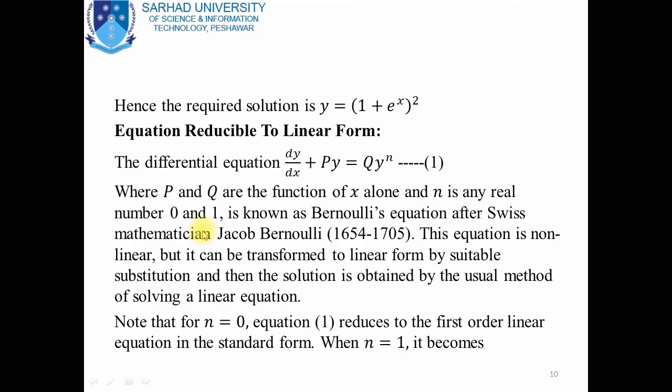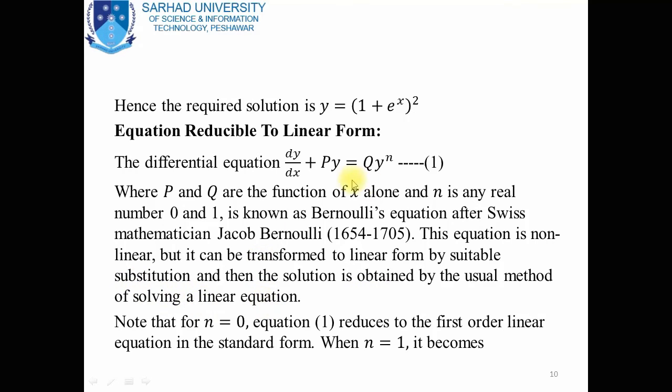This equation is known as the Bernoulli equation, after the Swiss mathematician Jacob Bernoulli, 1654 to 1705. This equation is nonlinear, but it can be transformed to linear form by a suitable substitution, and then the solution is obtained by the usual method of solving a linear equation.